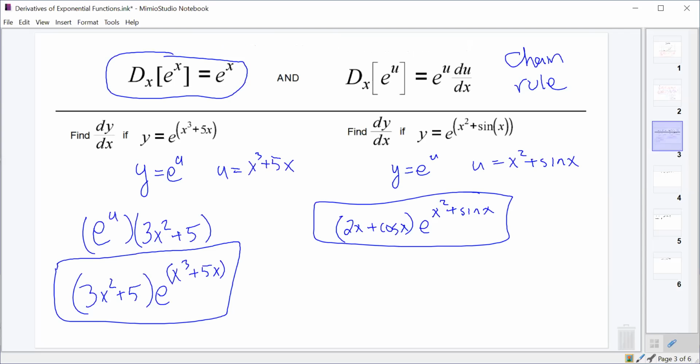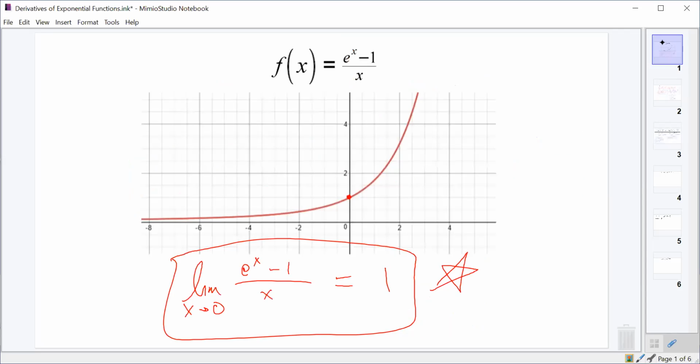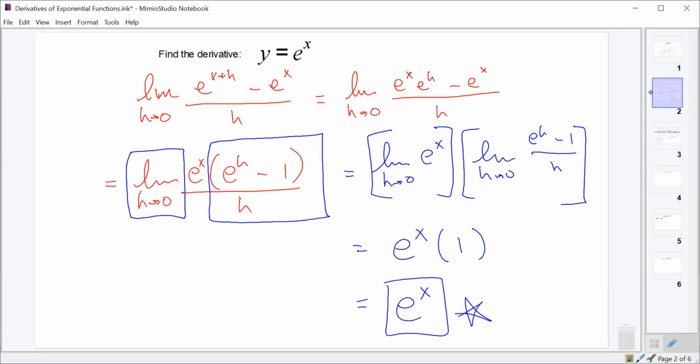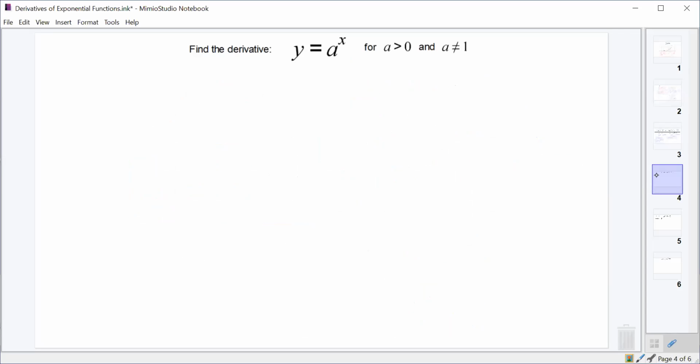This rule is only good if the base is e, because specifically of this limit right here. a to the x minus 1 over x doesn't have a limit of 1, unfortunately. It would have to have the limit of 1 for this to work out nicely, and it unfortunately does not.